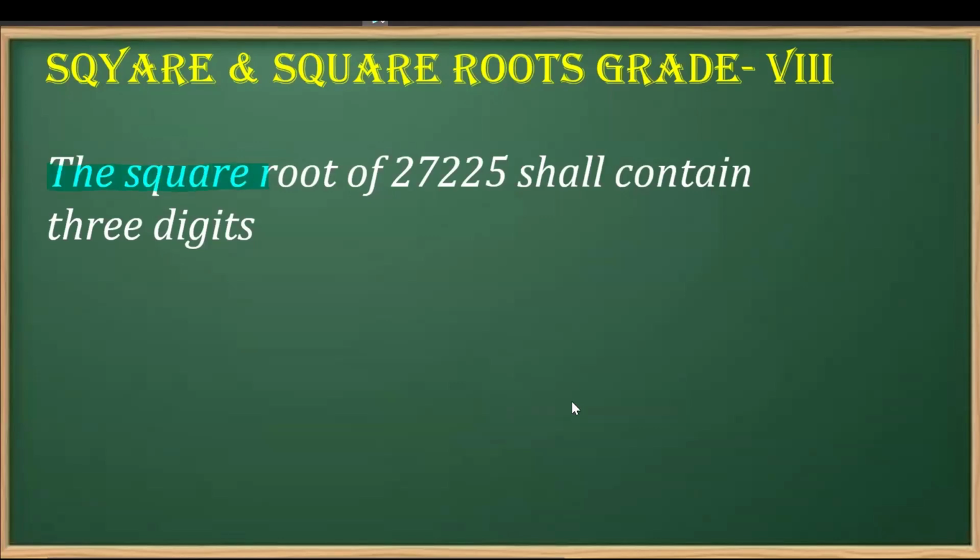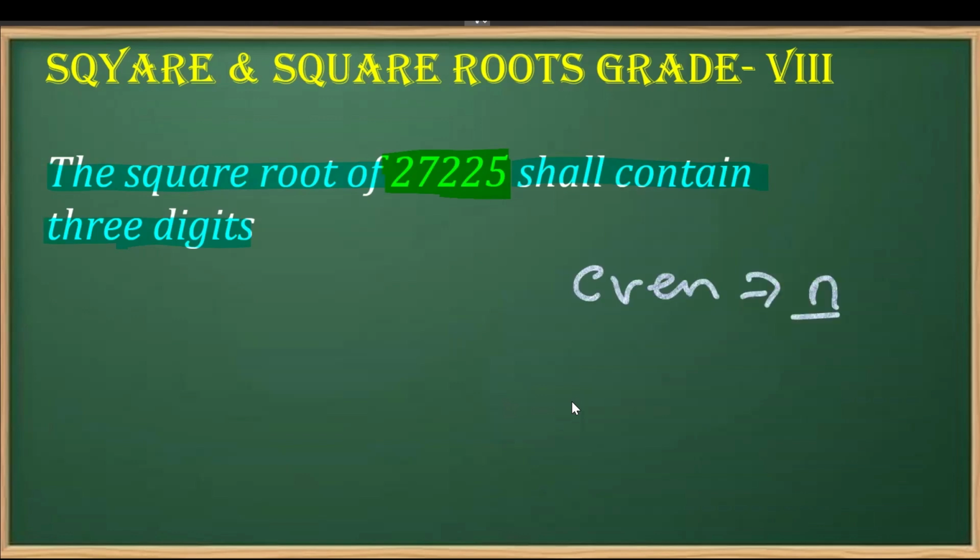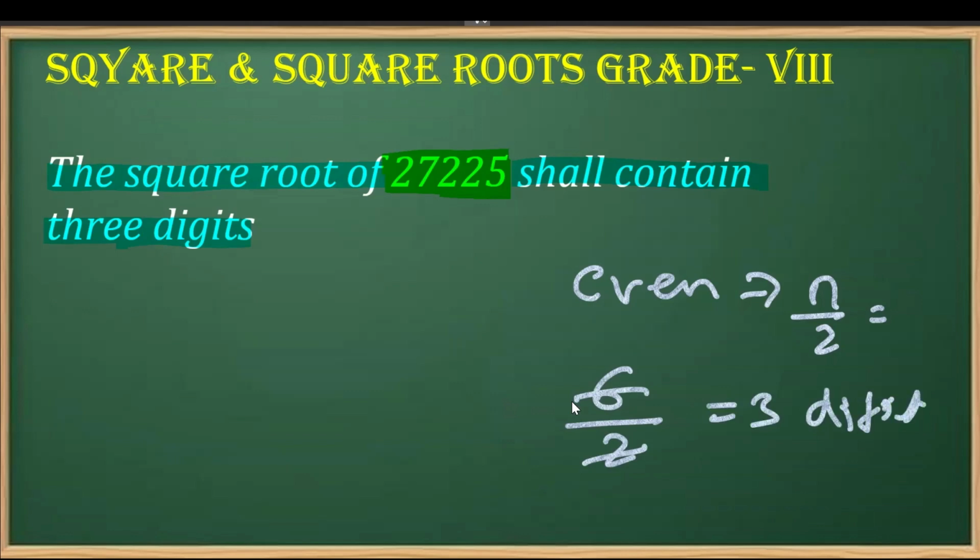This question says the square root of this number shall contain 3 digits. Well, there is a rule for this. Let's begin with when the number of digits is even. The number of digits divided by 2 gives you the number of digits in the square root. For example, if there is a 6-digit number, then the number of digits in the square root will be 6 divided by 2, that is, a 3-digit number.